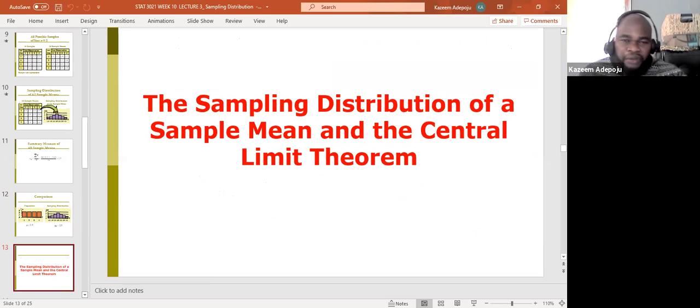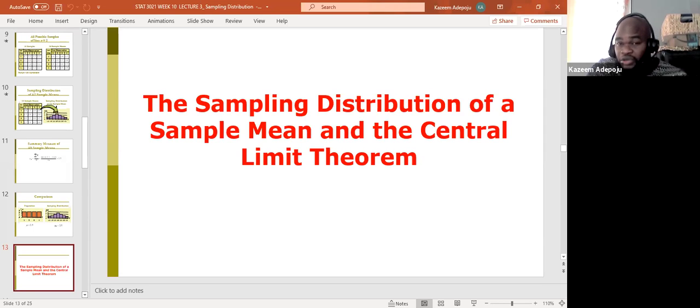Now, the next thing I want to talk about is the sampling distribution of a sample mean and the central limit theorem. If we want to investigate, we go to the population from which our data set is drawn, and that population could be normal or not.